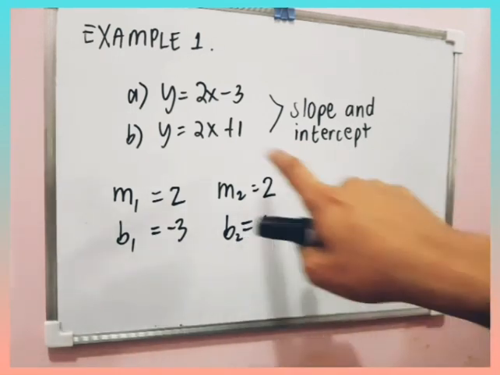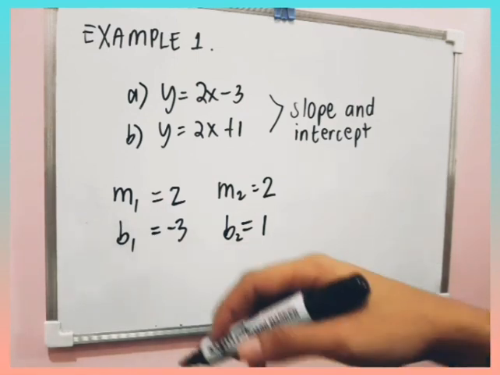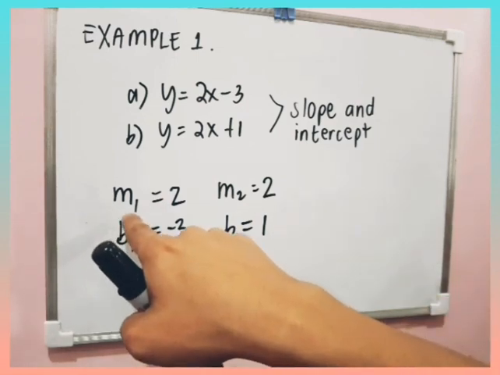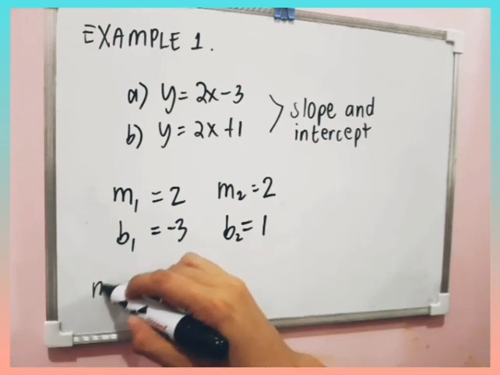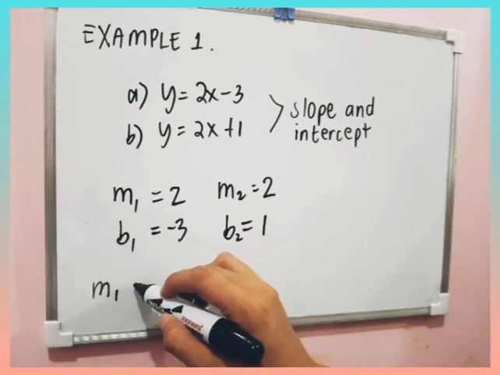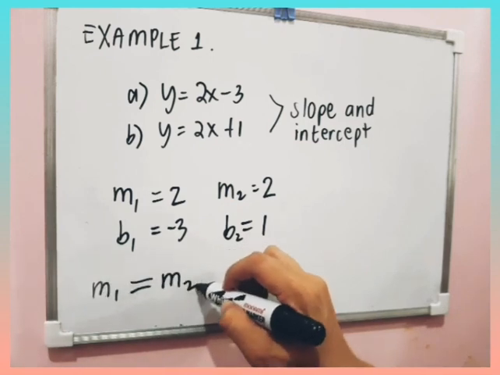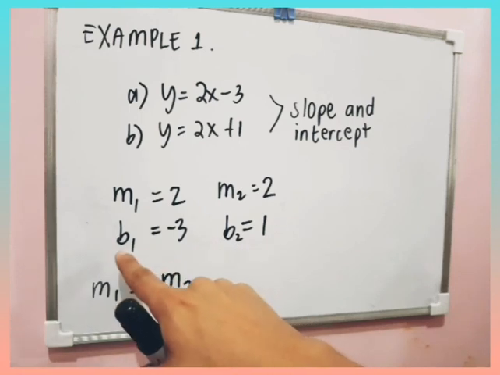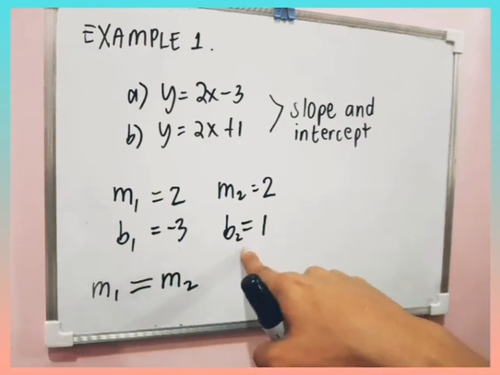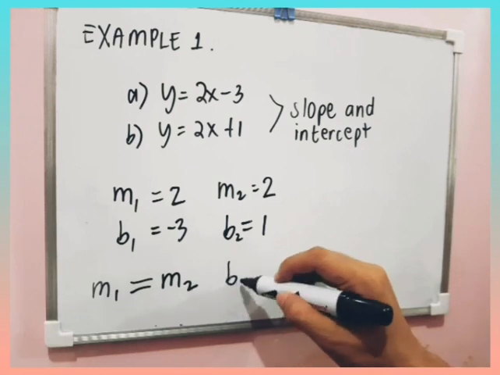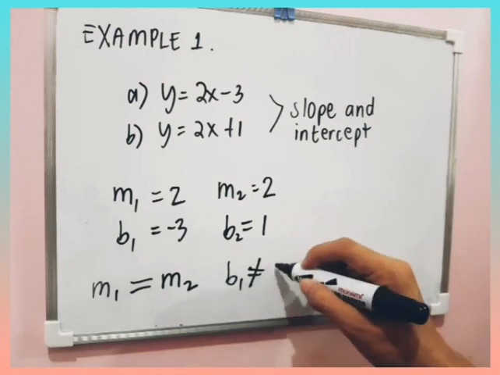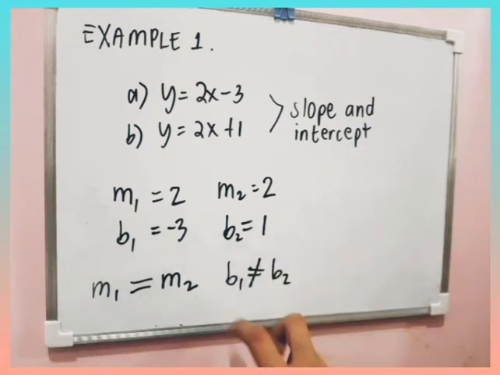So with this given, notice that the two slopes are equal. So we have first slope is equal to second slope, and first y-intercept and second y-intercept is not equal. So b sub 1 is not equal to b sub 2, or the y-intercepts.